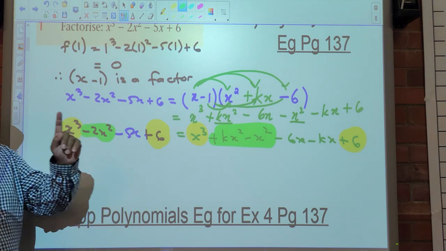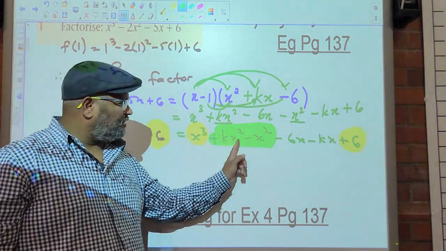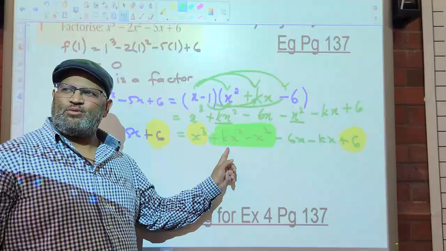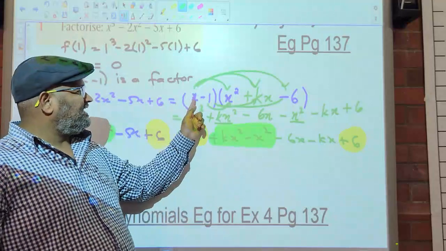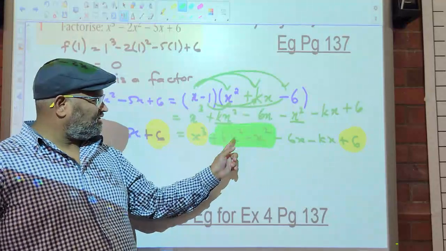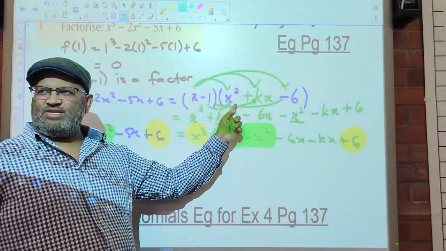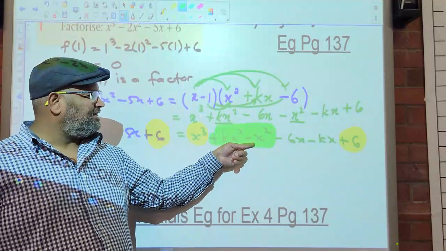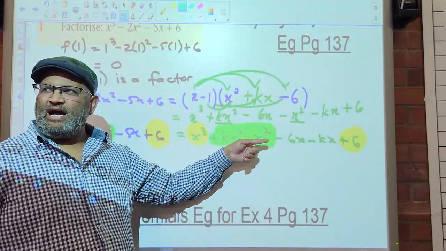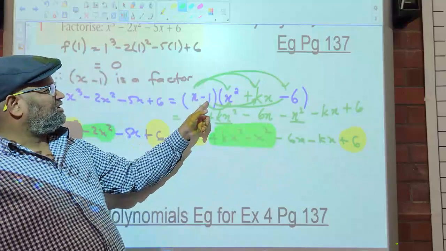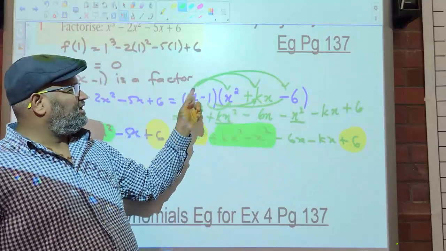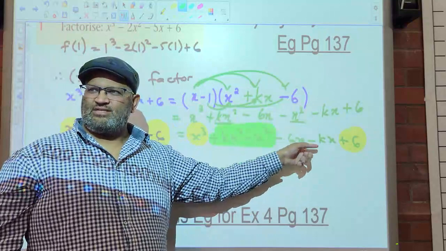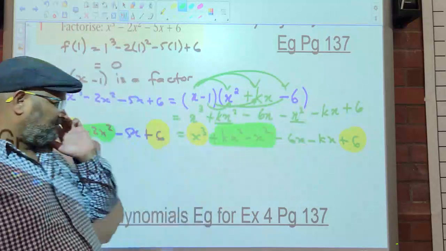And the refresher here is that the only way I can get an x squared is you multiply x with an x. That's how we got that one. Or a constant with an x squared. That's the only way I get x squareds. How do I get x's? A constant with an x or an x with a constant. That's the only way. Okay.